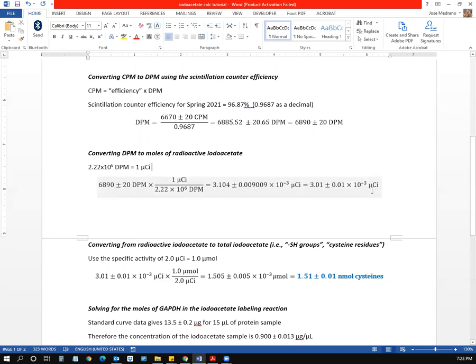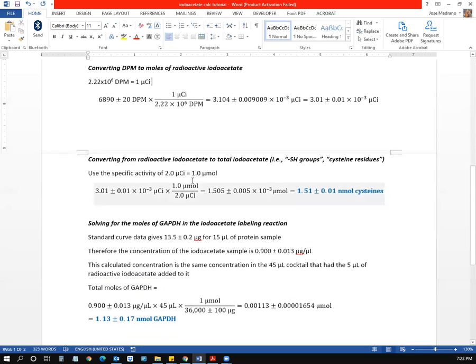But I would recommend for this step, just keep it at microcuries, because the next conversion that we have relates the microcuries of radioactivity to the actual micromoles of the reagent that we have in the reaction in the test tube. So because this is given in microcuries, I would strongly suggest to just leave this previous answer in microcuries and deal with the scientific notation for now.